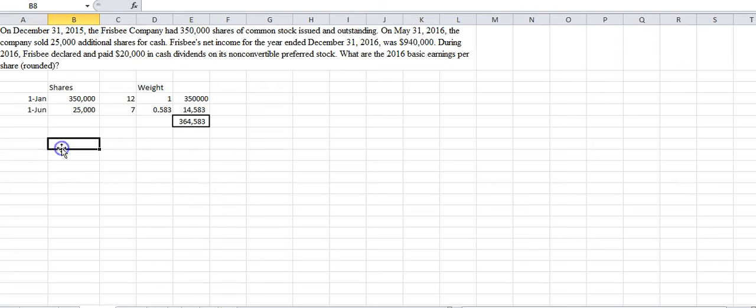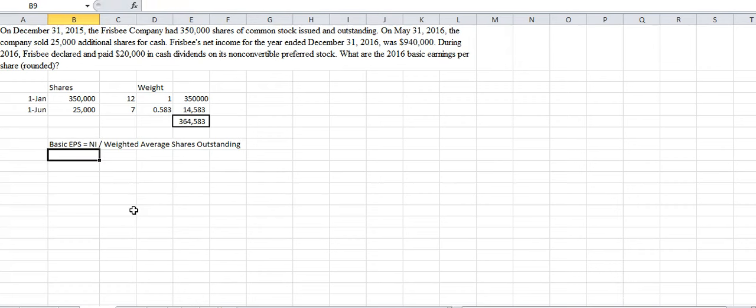Basic earnings per share is going to be equal to net income divided by weighted average shares outstanding, right?